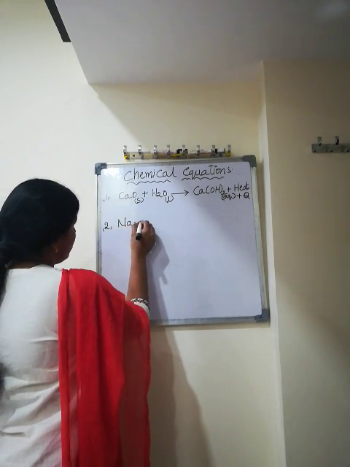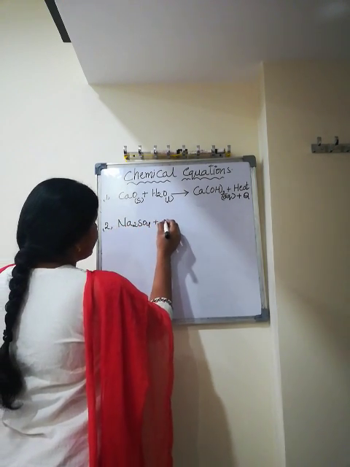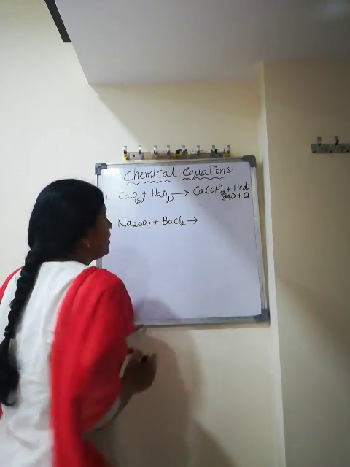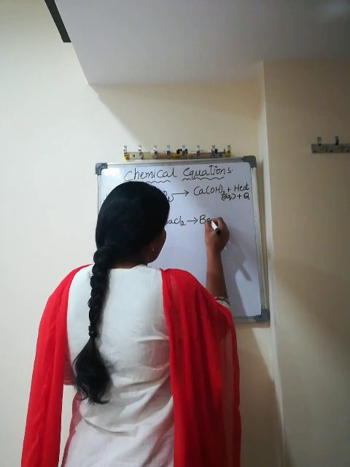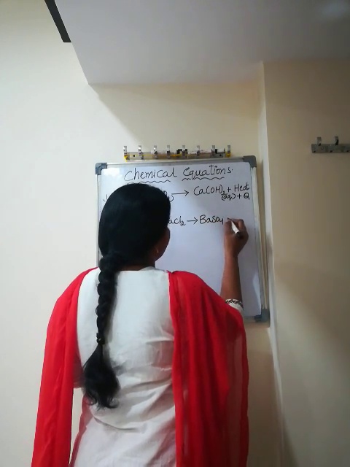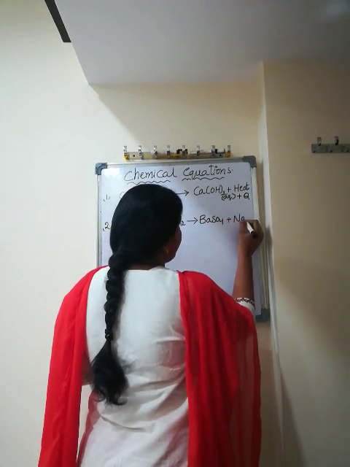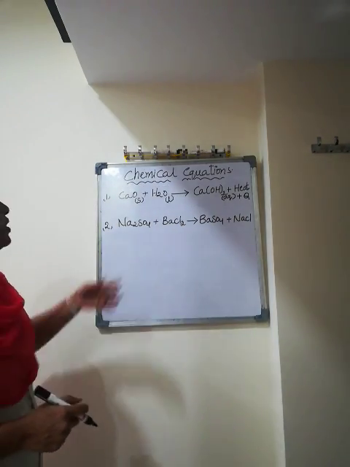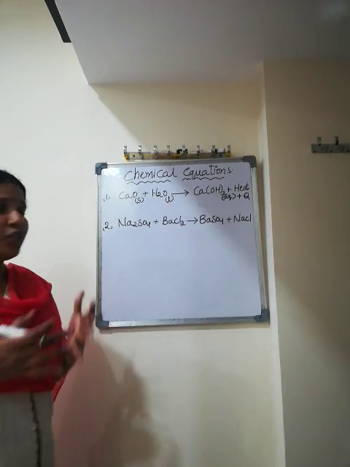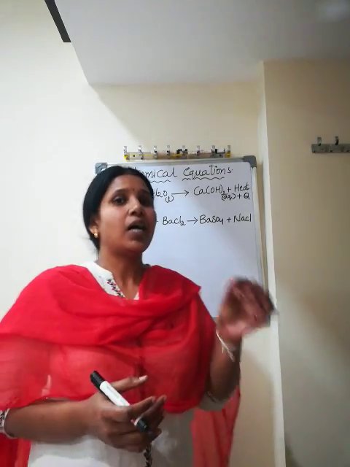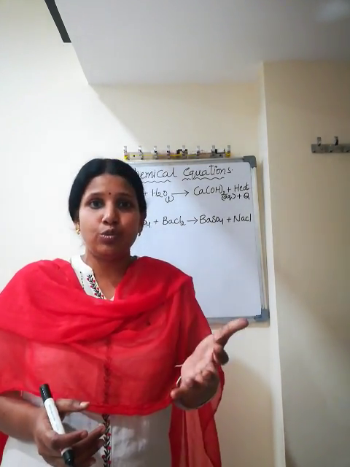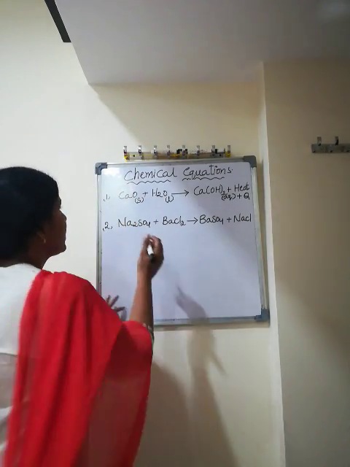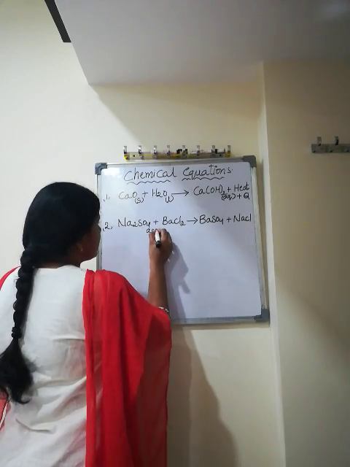Sodium sulfate solution is added to barium chloride solution, and the products formed are barium sulfate as a white precipitate and sodium chloride. This is the second example we discussed. Sodium sulfate salt added to water completely dissolves in water, so we can write aqueous.